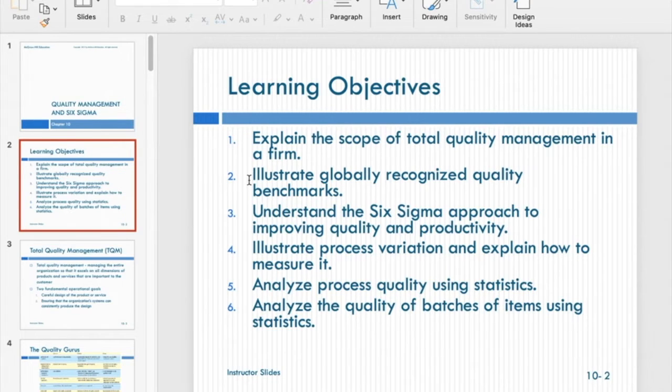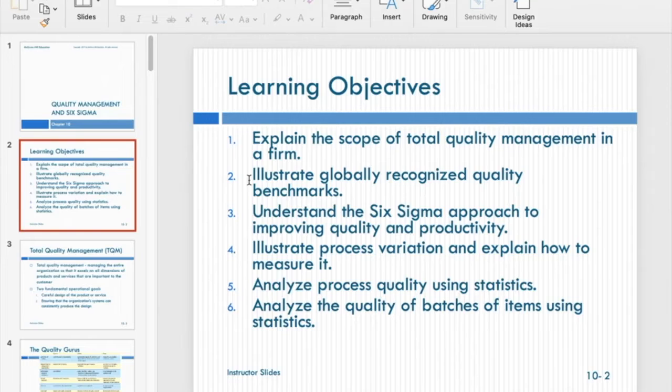So every criterion is different, but we will briefly talk about what each one means, what it's used for, and why we need this type of international standardization for quality management. So this is the second learning objective.